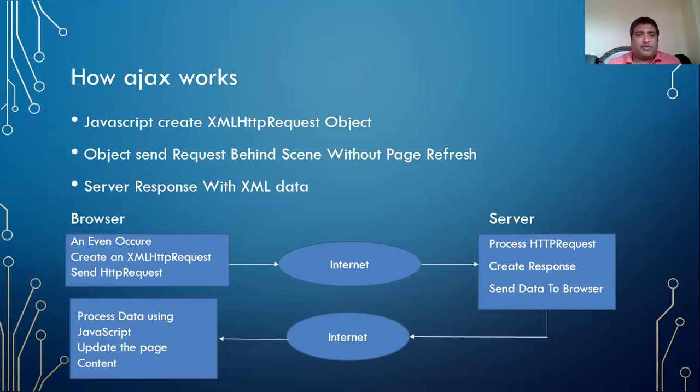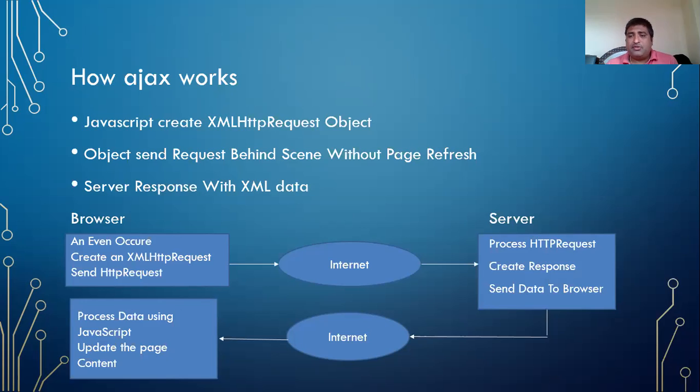So here, an event occurs in the browser, which creates an XML HTTP request object and sends the HTTP request. Whatever request is sent by the client is sent by the HTTP request object that was created using JavaScript. Then the server gets the request, processes it, creates the response, and that response is sent to the browser.